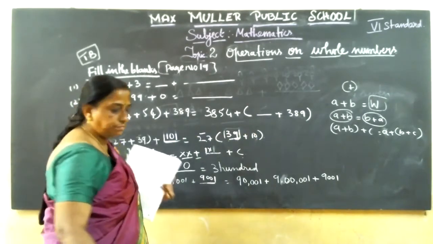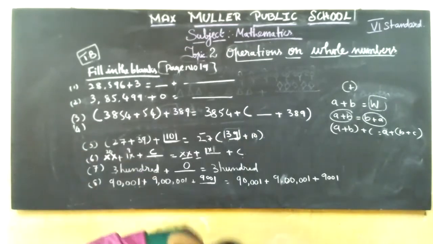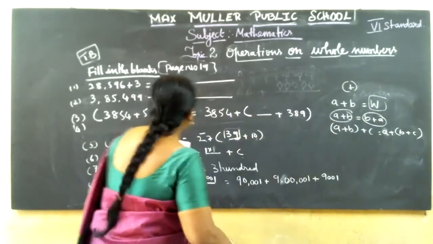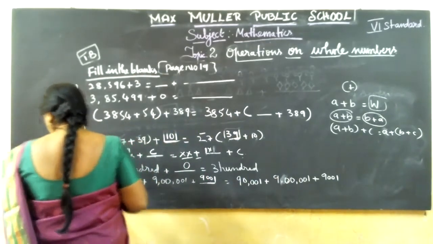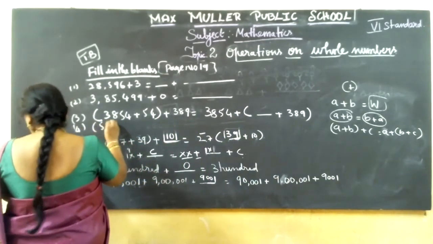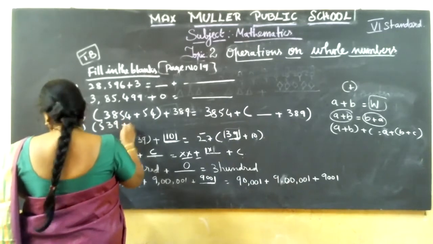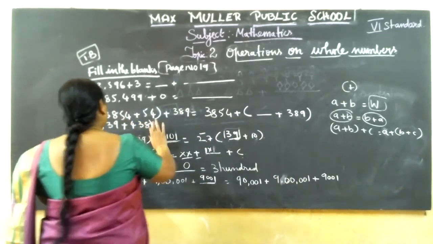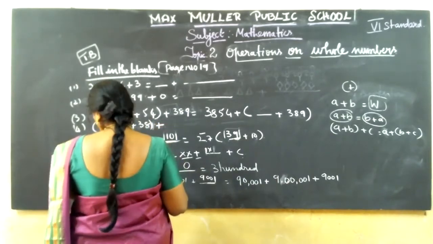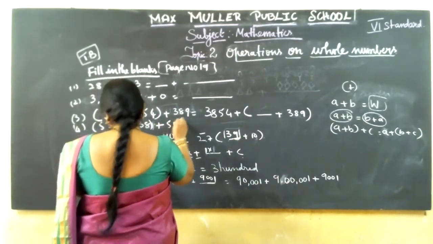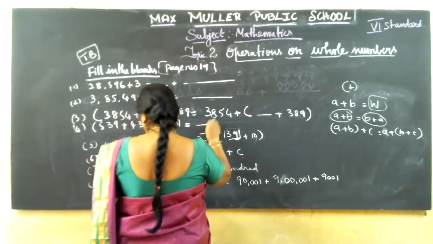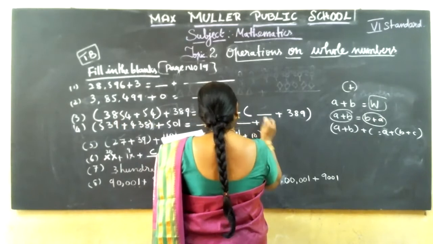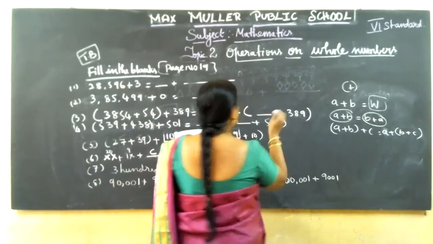Fourth one. Question number 4, 539 plus 438 plus, close the bracket, 501 equal to dash plus, open the bracket, dash plus 501, close the bracket.